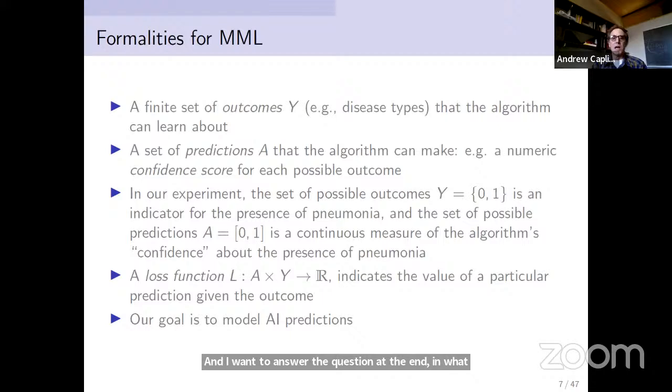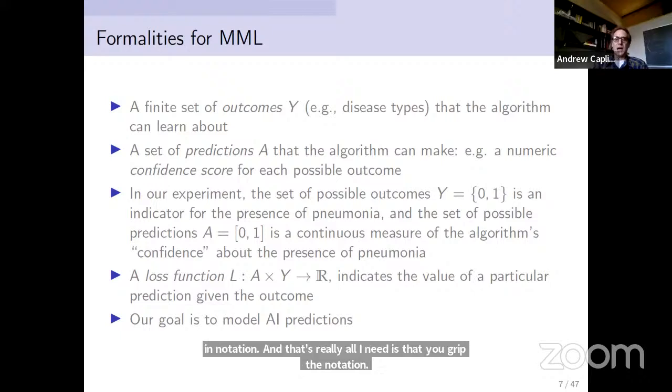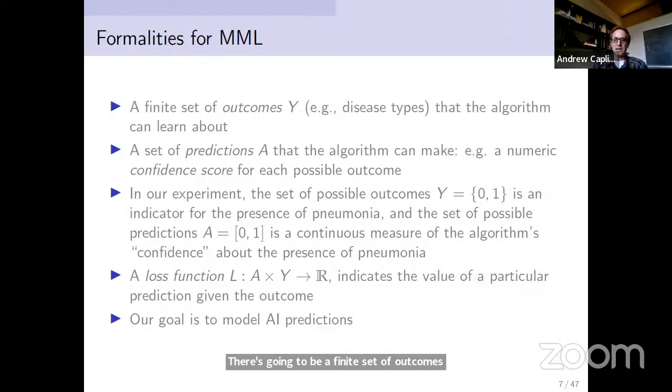Okay. The formalities are in a very small number of elements we need to have in notation. And that's really all I need, is that you grip the notation. There's going to be a finite set of outcomes, e.g. disease types. In fact, in the case that we're implementing, it will be pneumonia or not pneumonia, which the algorithm is trying to learn about.